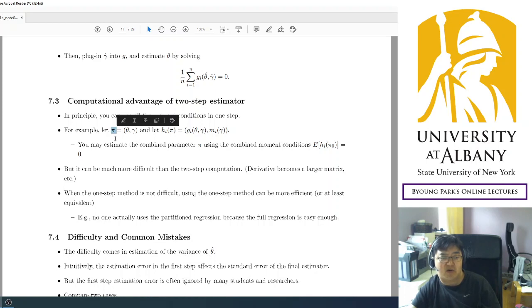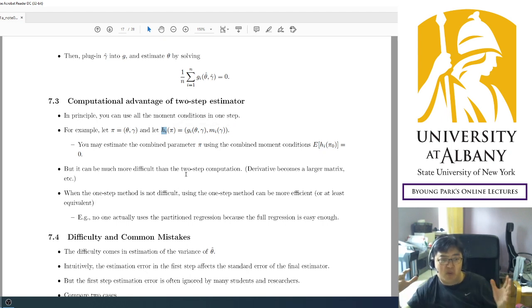Suppose that we have two parameters, the parameter of interest theta and nuisance parameter gamma, and define pi as the combination of them, or all the parameters we do not know in the model, and then also combine the moment functions. G is the moment for theta, m is the moment for gamma. So combining them, we may define another moment function h.